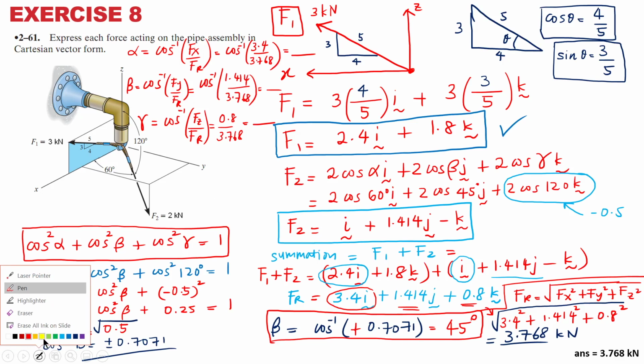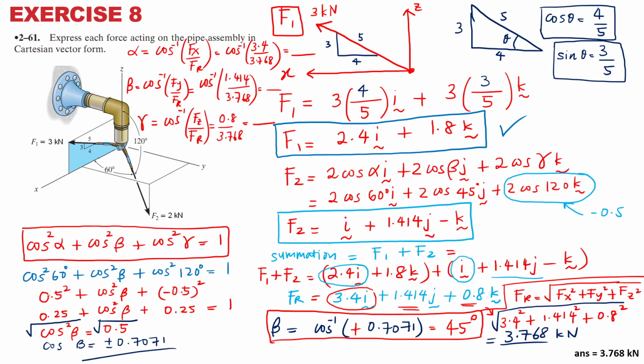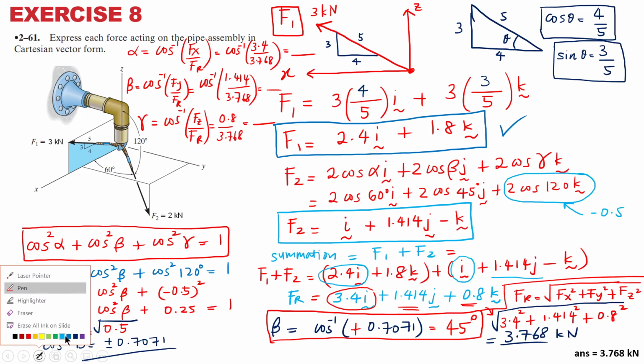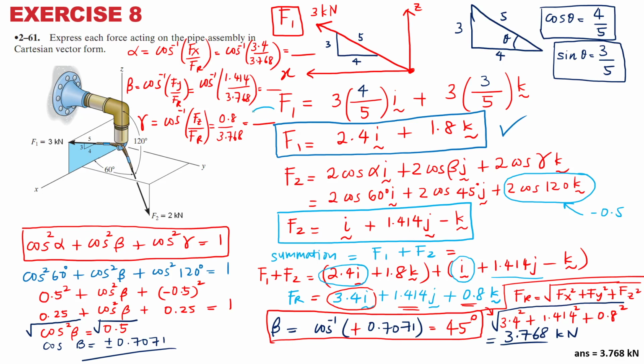If you can do that, find out what these values are, the new angles. Even better if you can draw the new axis. This one plus this one, probably the resultant will be somewhere here. You can do a simple parallelogram. This is your FR.